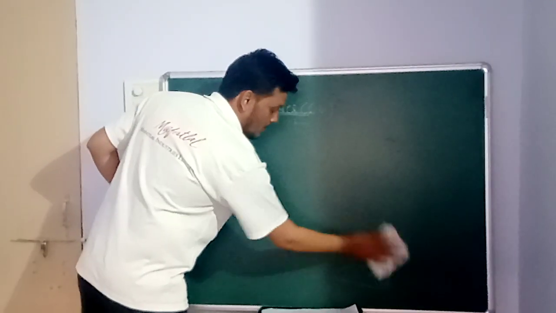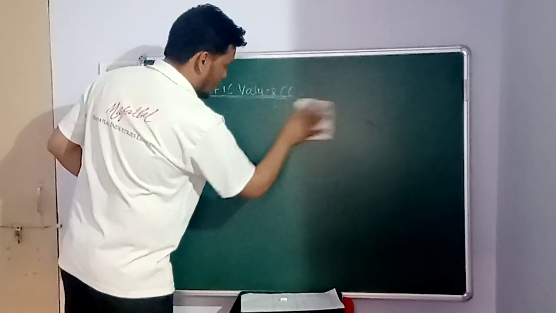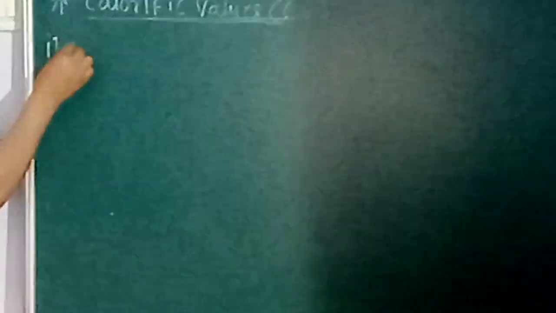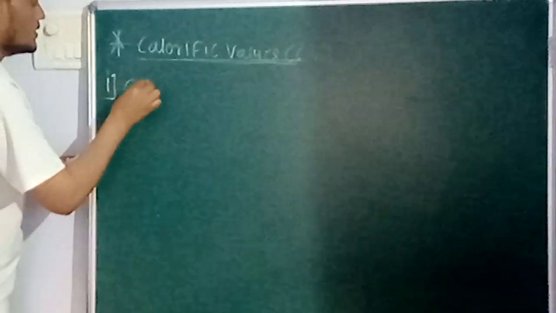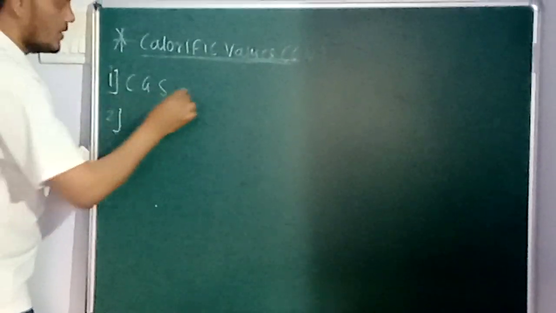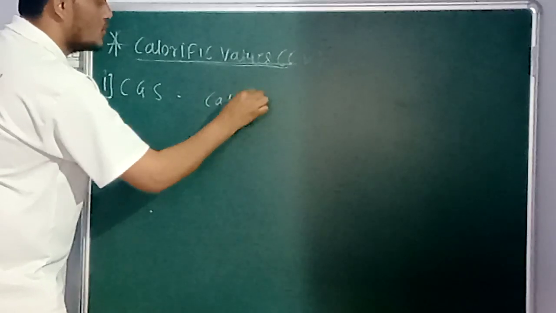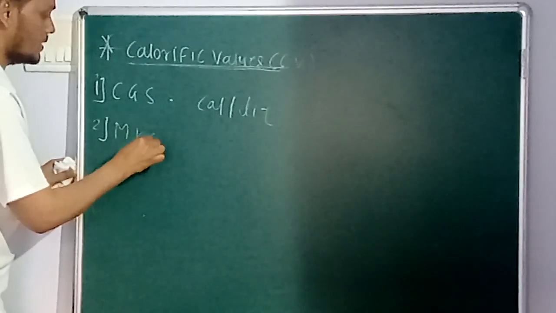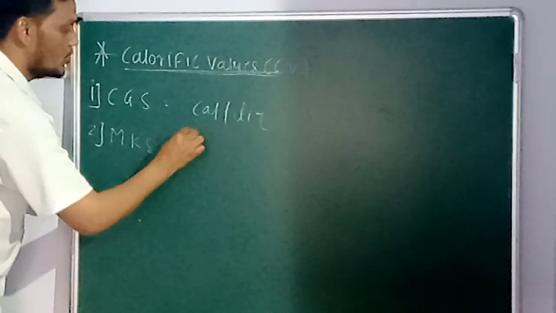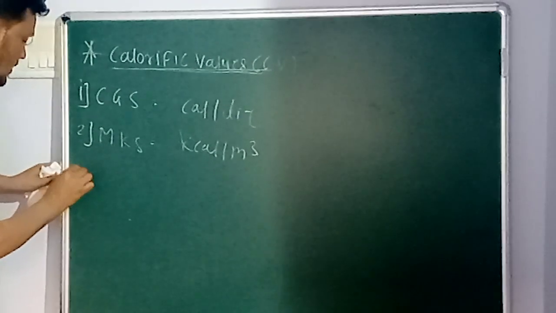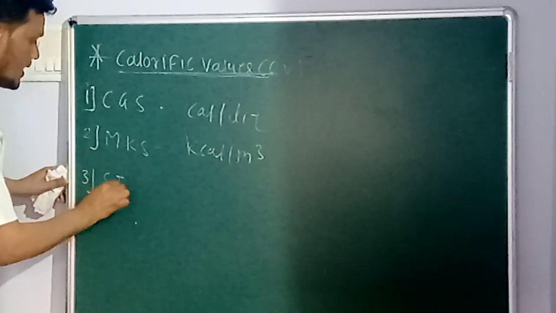Gaseous fuel is expressed in terms of volume. Therefore, in gaseous fuel, in CGS system, the unit is calories per liter. Second one is MKS system. Its unit is kilocalories per meter cube. Then third is SI system.